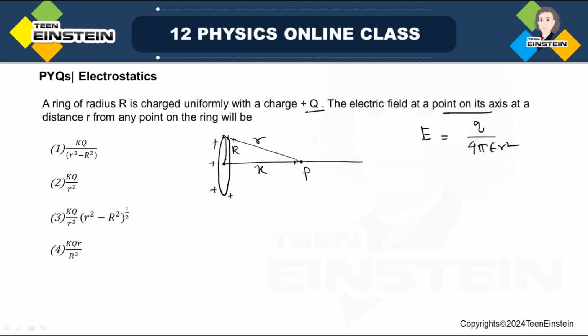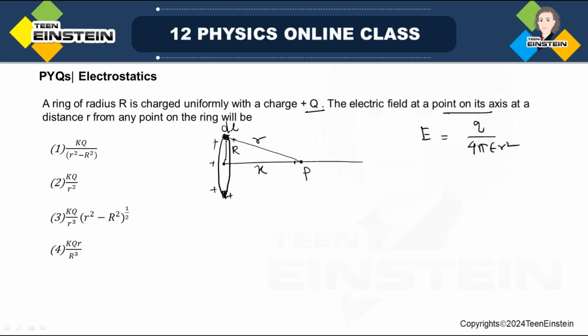I can take a small segment, and just opposite that point I can take another segment. Suppose one segment of the ring is here, another segment of the ring I consider here. Now this has a certain charge. What is that charge? I can find out. Let us say this has got length dl.